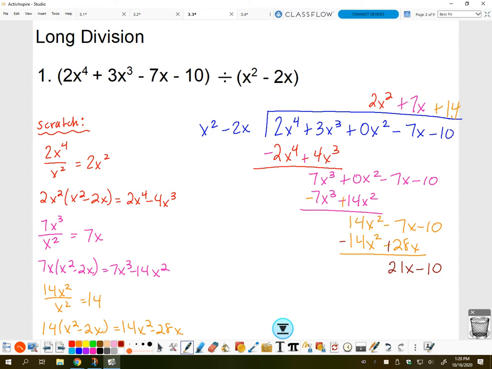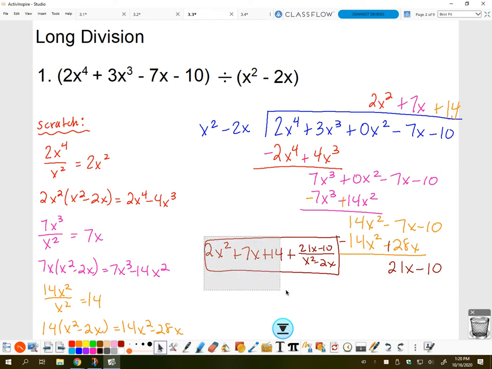So our answer is going to be what we got up top plus the remainder over what we were dividing by. And if I can move that down because it's a little in the way. No, this one is all of it.